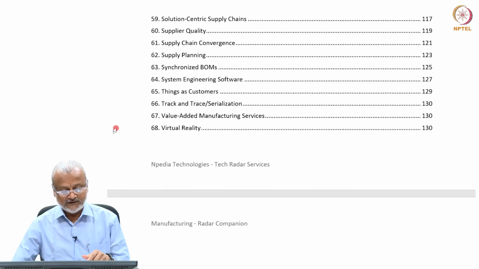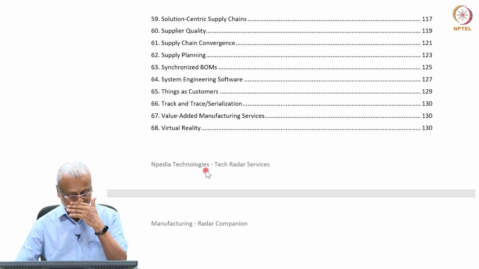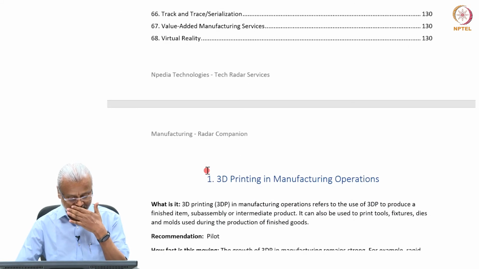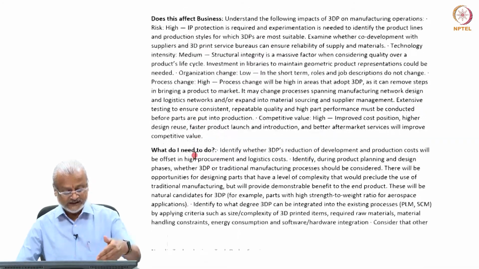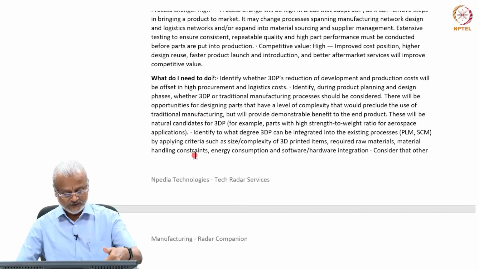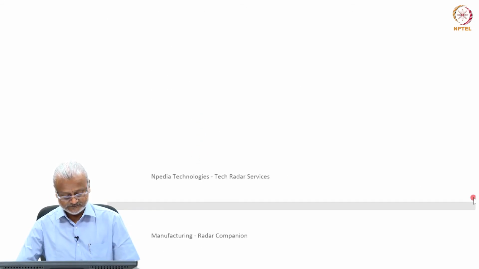Interesting, you have about 68 technologies in manufacturing that you want to look at. Even if you prioritize the top 10, it may not be sufficient. You may have to do more like a top 30 in order to make it happen. Like I explained in the earlier one, you have the definition, recommendation, the speed at which it's moving, how it affects the business, what we need to do, right.